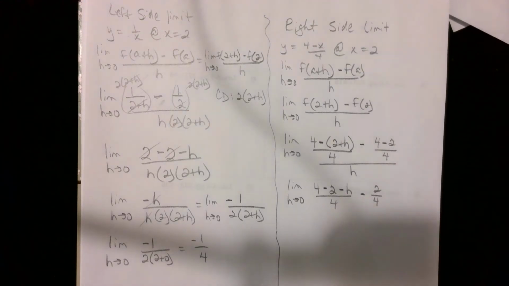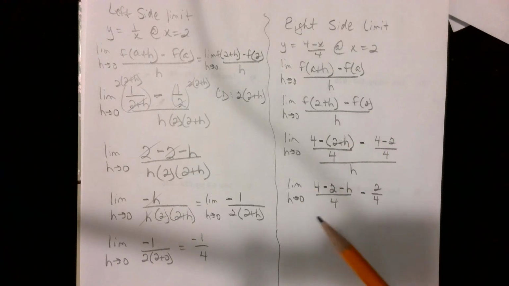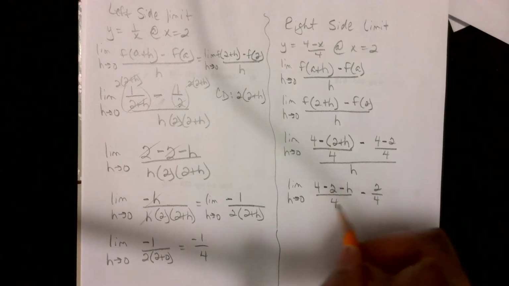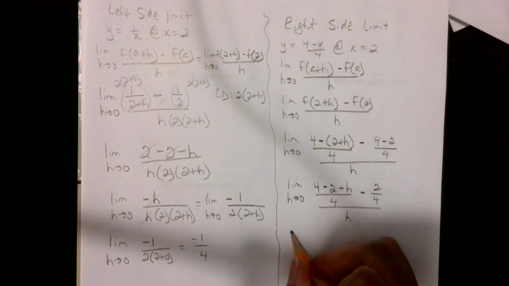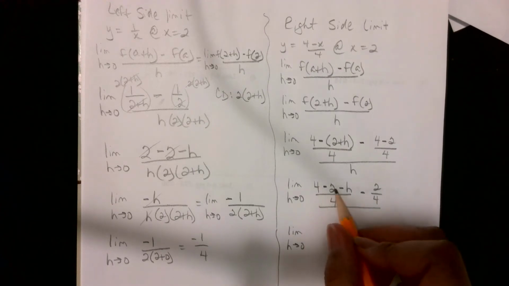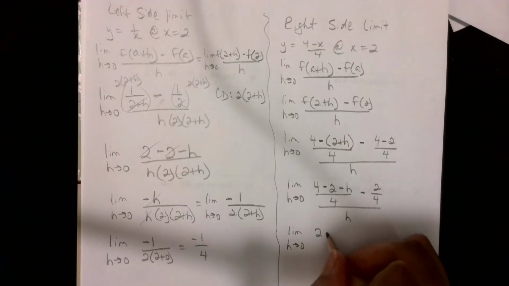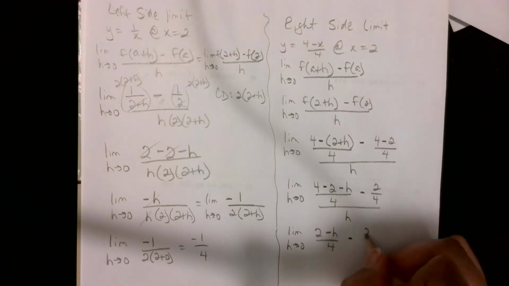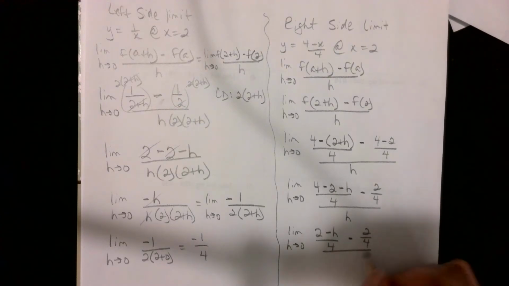Now I know that's 1/2, but because this denominator is 4, we're going to leave it for right now because that'll make simplifying a little bit simpler. And this is all over h. So then we have the limit as h approaches 0 of 4 minus 2, which is 2 minus h over 4, minus 2/4 all over h.